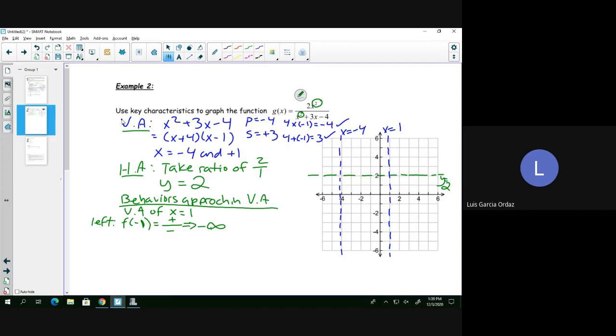So now let's take a number that's to the right of 1. Give me a number that's to the right of 1. Yes, that would be the safe option. Just go one more.